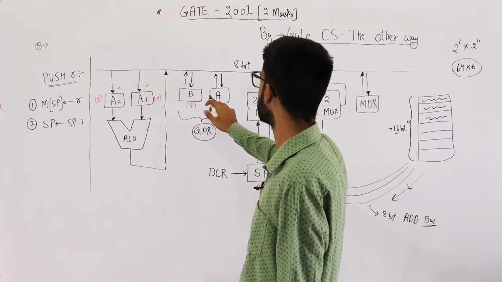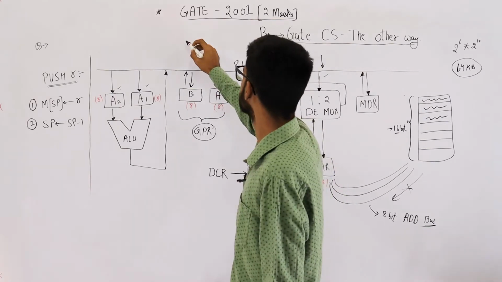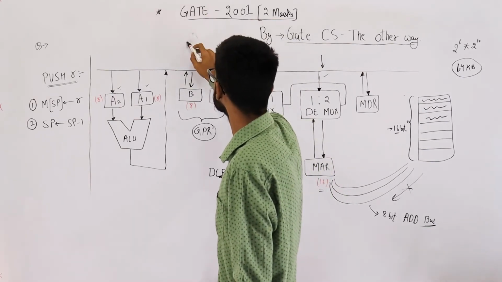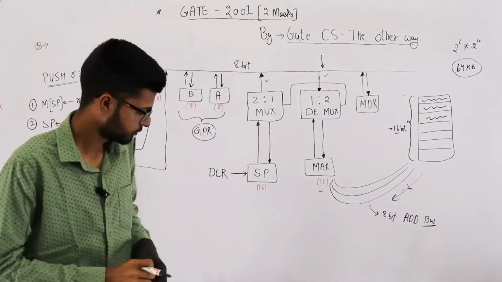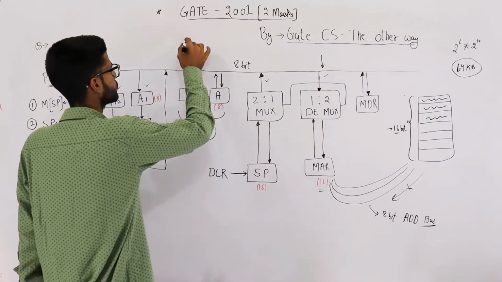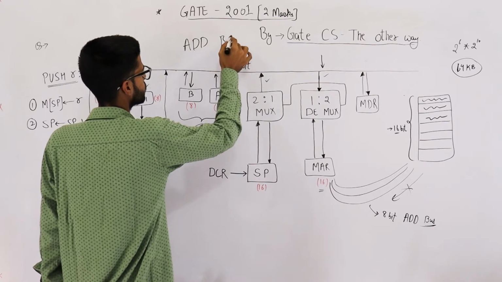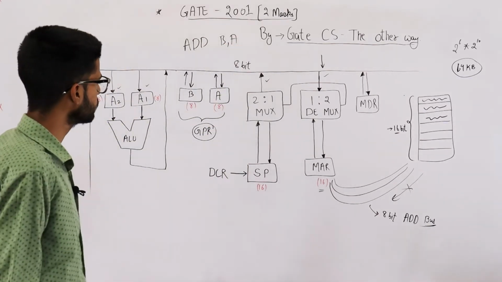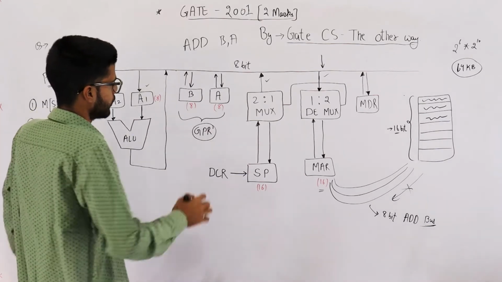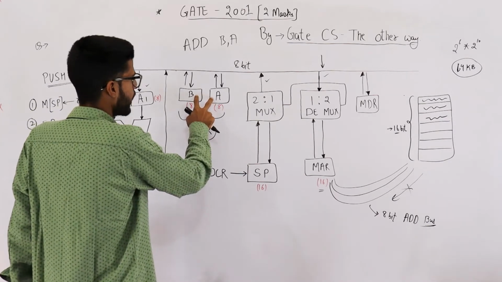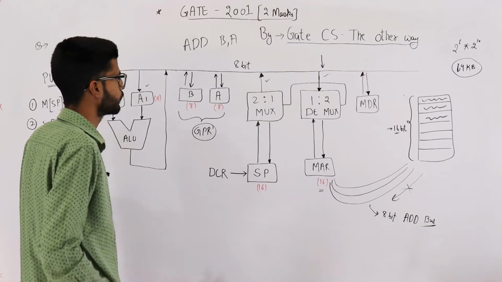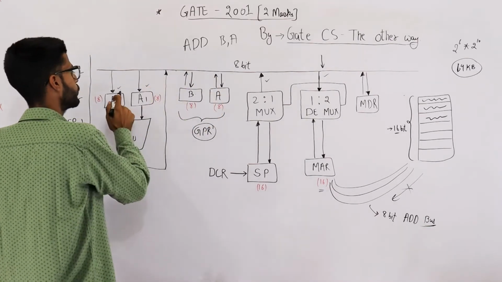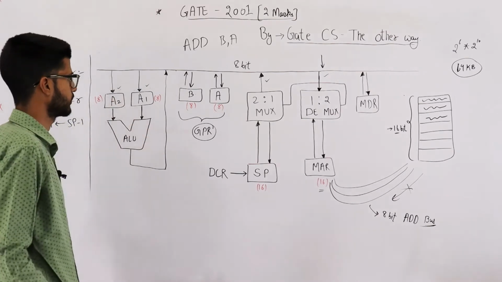Say you need to add A and B. You write add B comma A. That means add these two values and save the result in B. For that, you need to first bring these two values into these temporary registers.